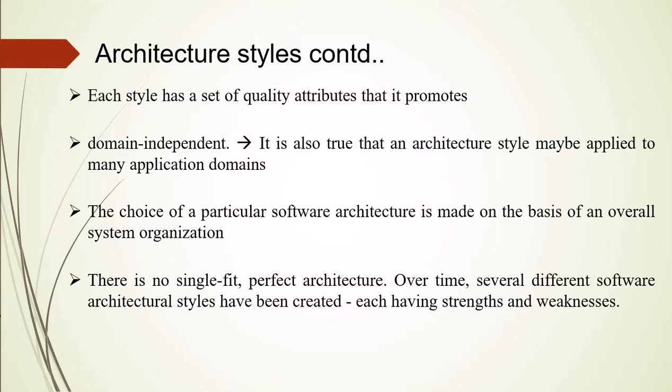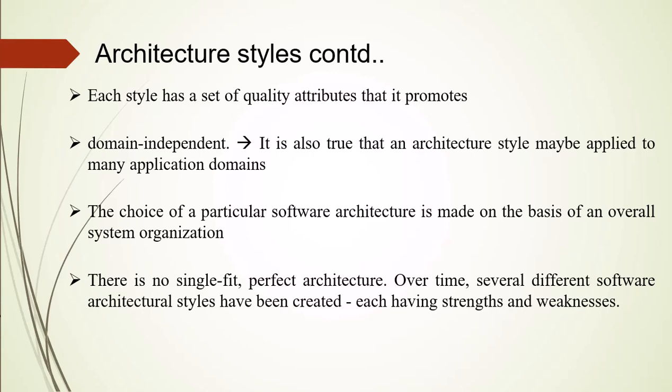The overall system organization policies also matter, and constraints such as one client will not see other data, or one can see other data, the client can be active or passive, the data server can be active or passive. These possible constraints become the base for selecting the architecture style. There is no single perfect-fit architecture. As I stated earlier, over time several different software architectures have been created, each with strengths and weaknesses.